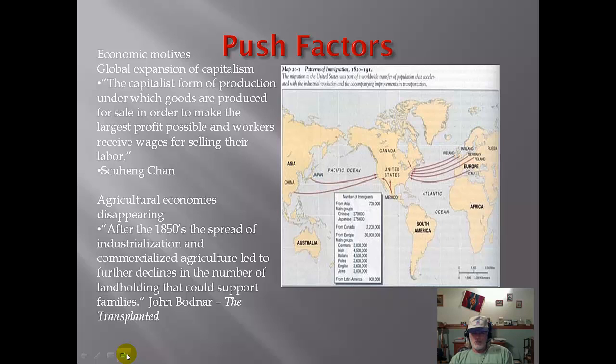After about 1850, when industrialization was going on, agriculture really declined. Many people came to the United States because it was the beacon of hope, especially in the industrial age. America was the place to go. With American ingenuity, American resourcefulness and the raw materials here, a man could make his fortune. So many people came to America looking for a better way of life.